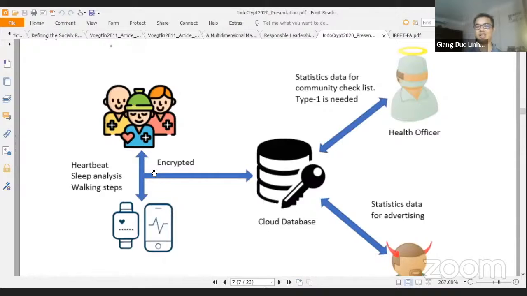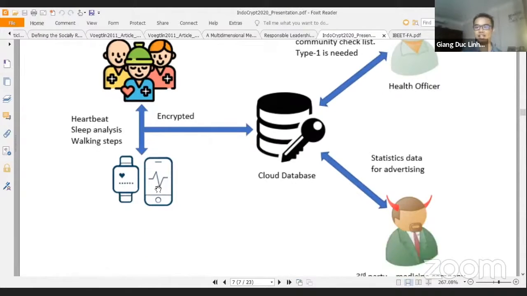Without revealing sensitive information about the community, he can use the trapdoor to compare ciphertexts. For example, he can compute statistical data on the heartbeat or the temperature of the people in the community to check if there is something like a flu happening in the community or not.